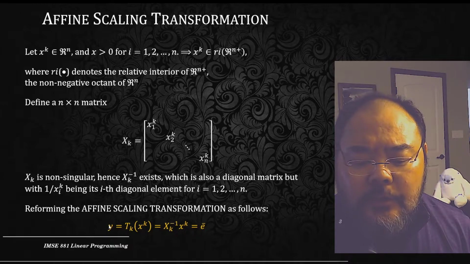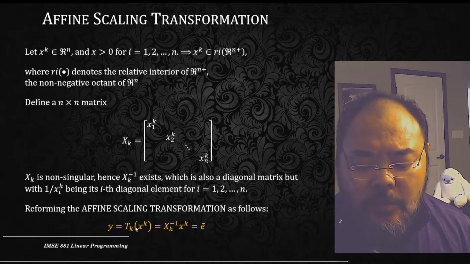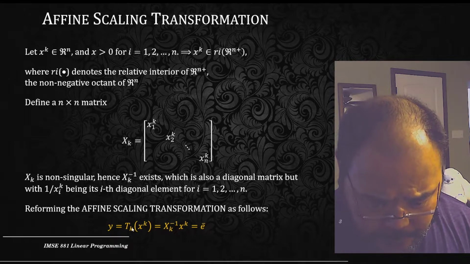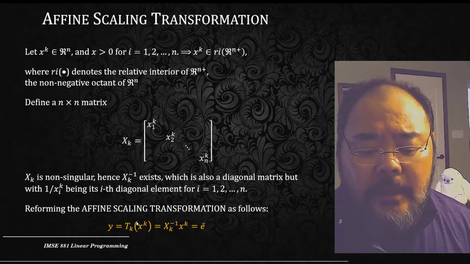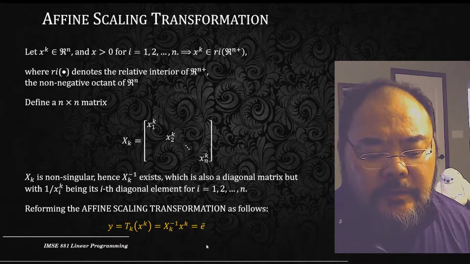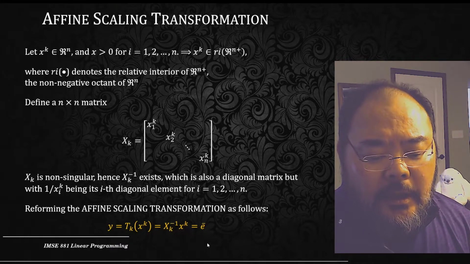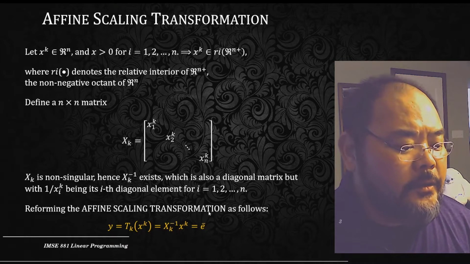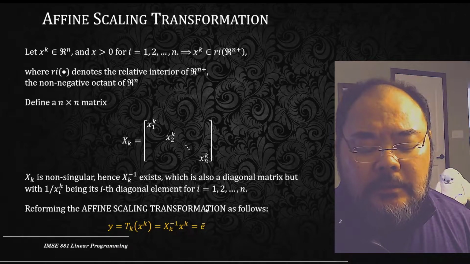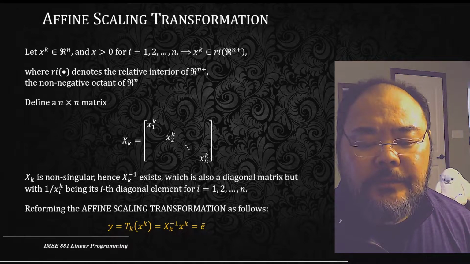After transformation, we change the variable from x to y. We define a functional transformation called T sub k of x equal to X_k inverse times x. It basically gives a whole column of 1s, so we call it e column. e is a vector with all the elements equal to 1. So this is a very simply defined so-called affine transformation.